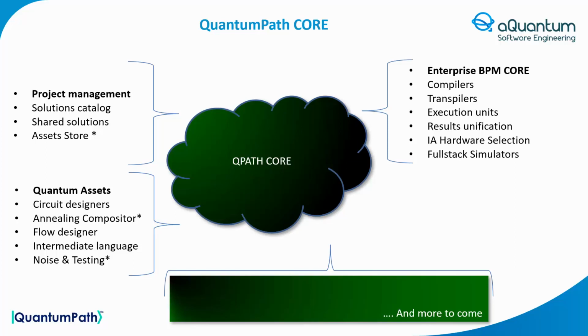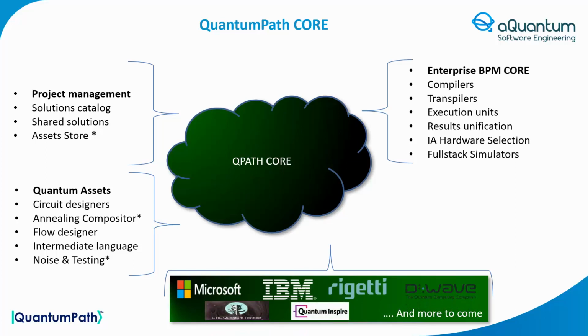This intermediate language lets us create agnostic solutions that, under the hands of the enterprise BPM core, using different technologies that compile, transpile, and prepare execution units, give us the possibility to execute our intermediate language on the final hardware provider and get all the results unified to study them.